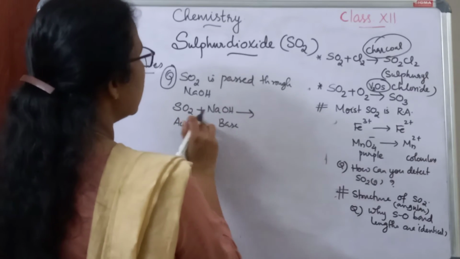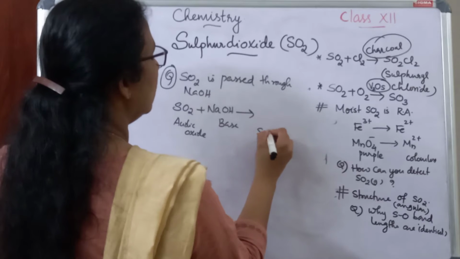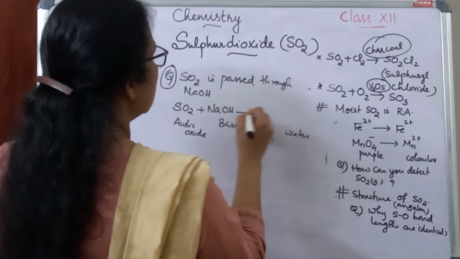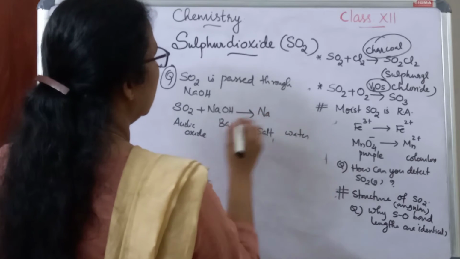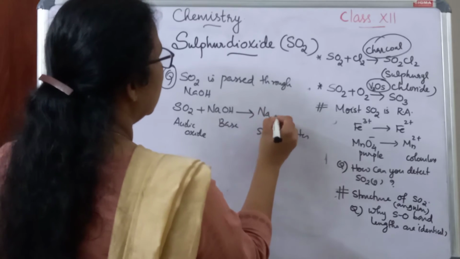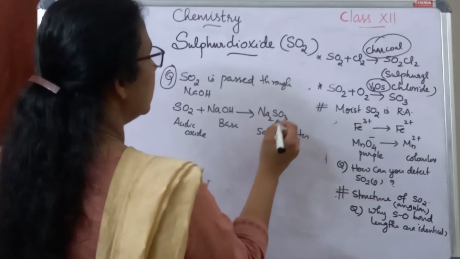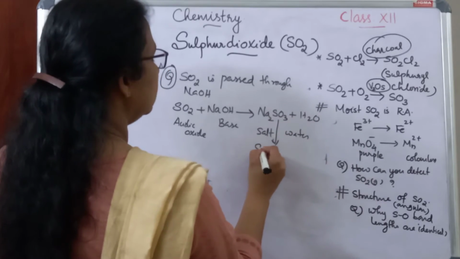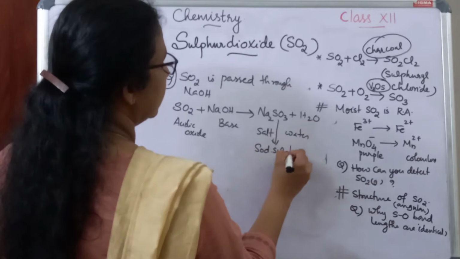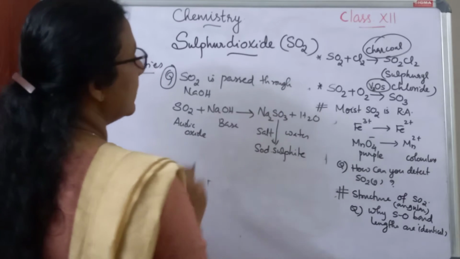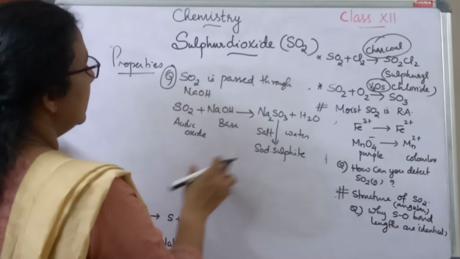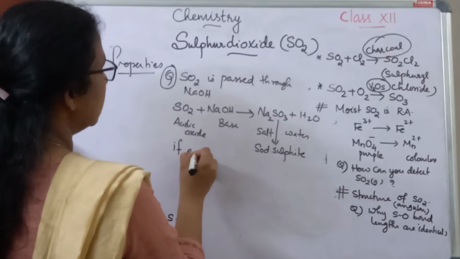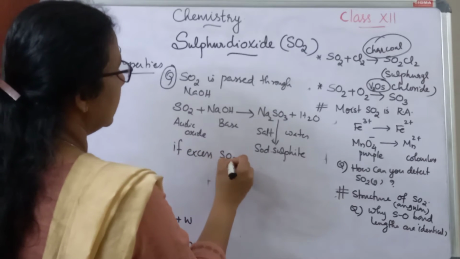That is, acid plus base gives salt and water. Salt will be Na2SO3, and H2O. So Na2SO3 is sodium sulfite. In the next step we have to check what happens if excess sulfur dioxide is passed.